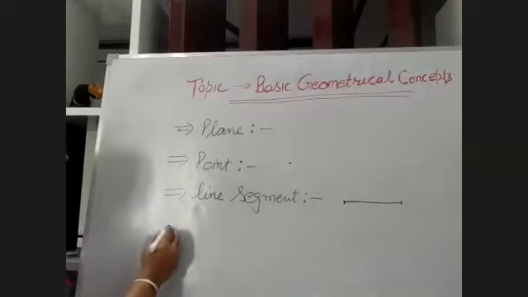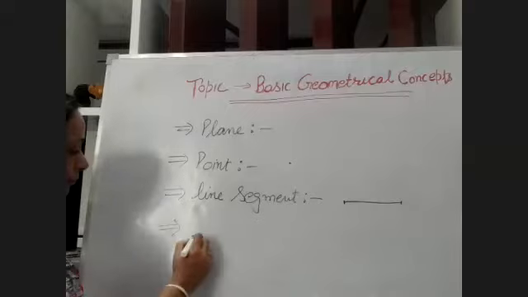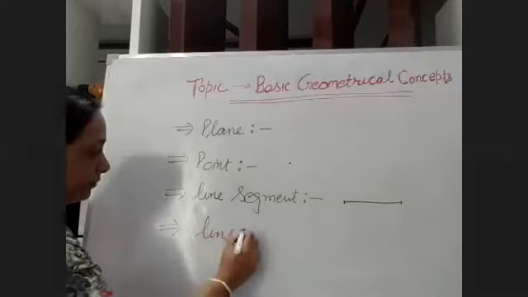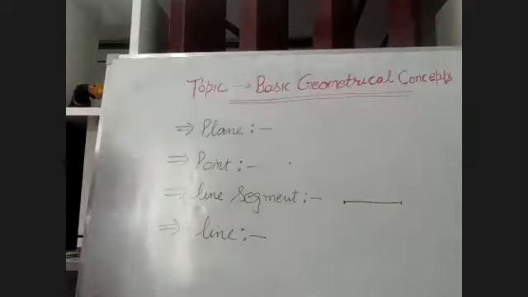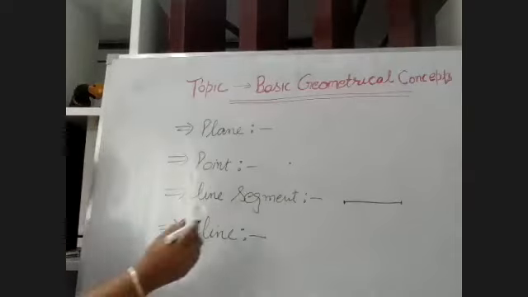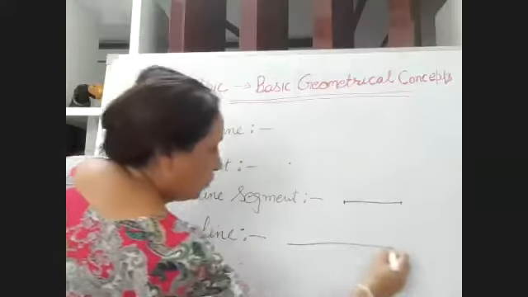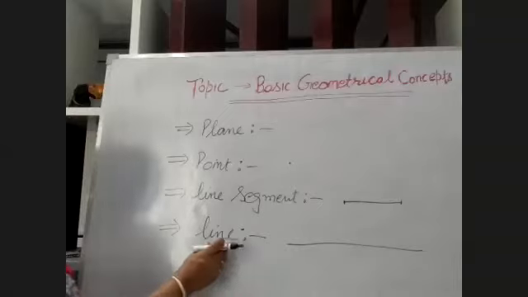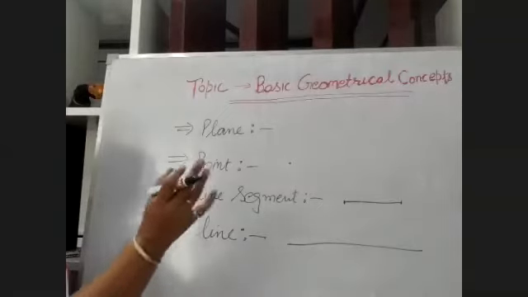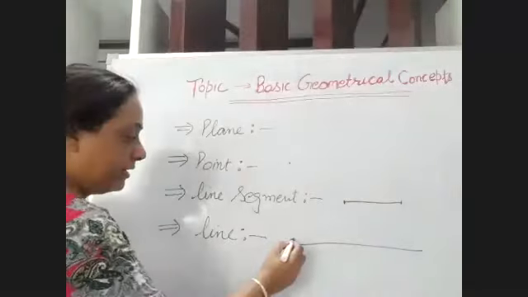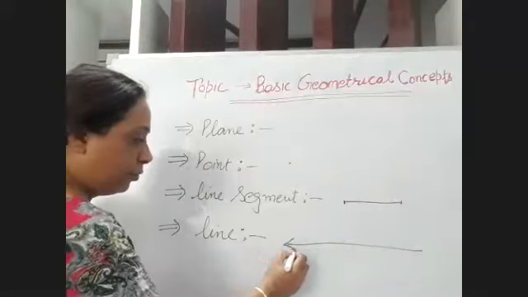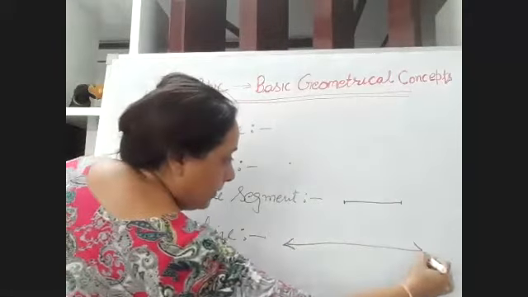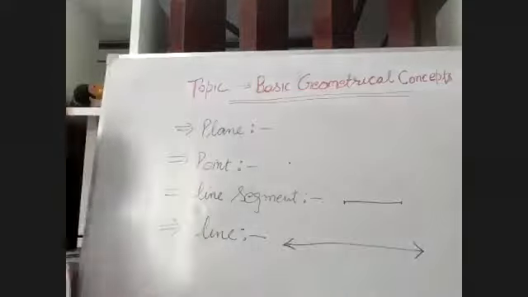Next, what is a line? Again, draw a line with the help of a scale, and a line has no initial point and no end point. We can extend this line in both directions.